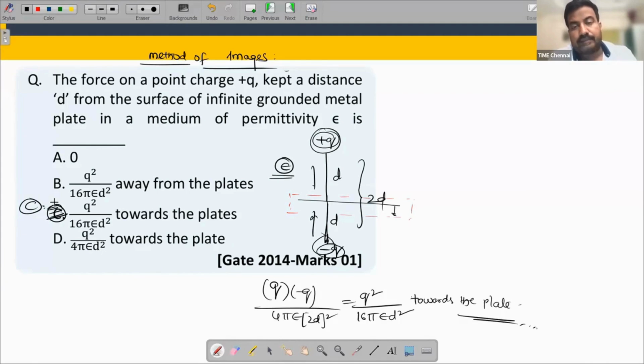Therefore, option C is the answer. Is this clear? Okay. Any doubts here?